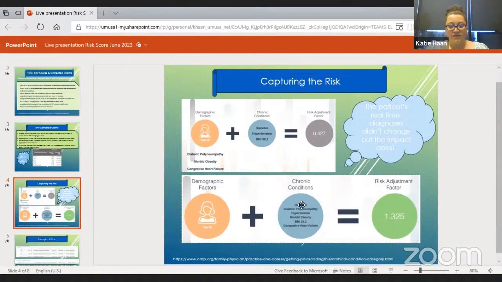When you add all of these together, you actually get a higher risk score of 1.325. What's important here is that the patient's diagnoses didn't change, but the coding and the documentation of it did. And this lets the insurance know that this patient is actually a higher risk than if we would have just coded it this way with diabetes, hypertension, morbid obesity. When we add in these polyneuropathies and the congestive heart failure and the BMI, it really paints a better picture of the patient's current health.